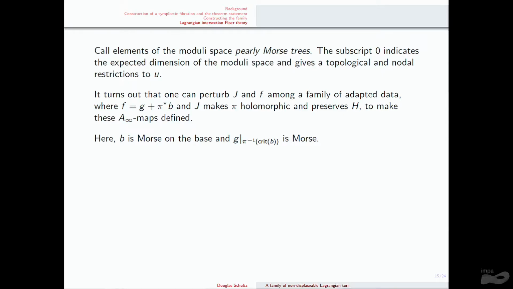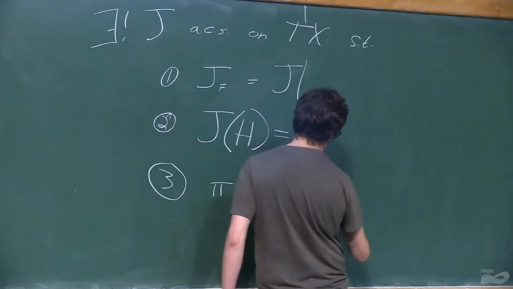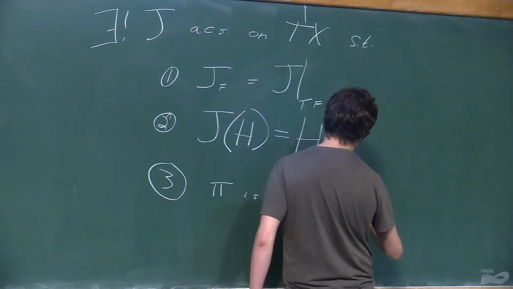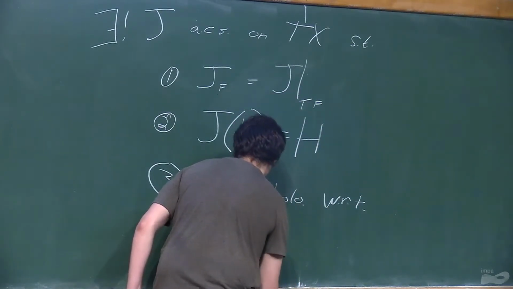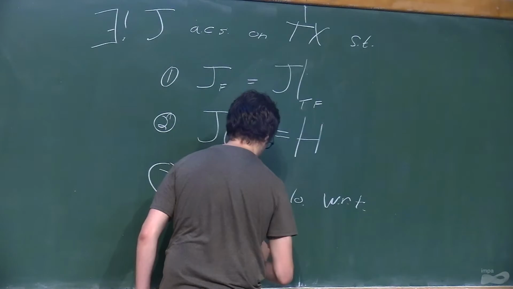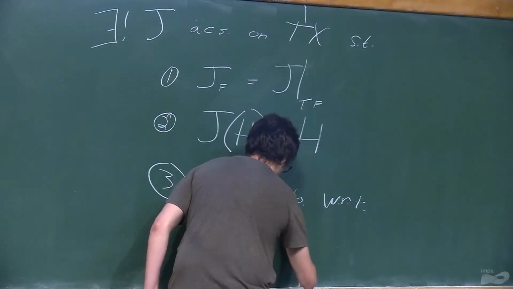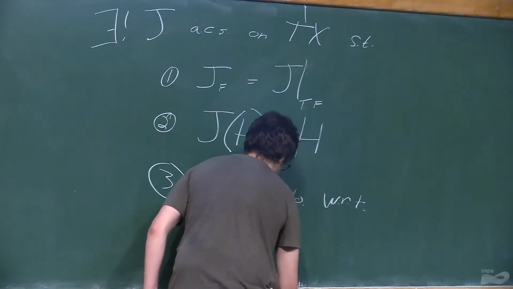J preserves the connection. And then 3, pi is holomorphic with respect to a JB that you have to input on B, tamed by the form there.